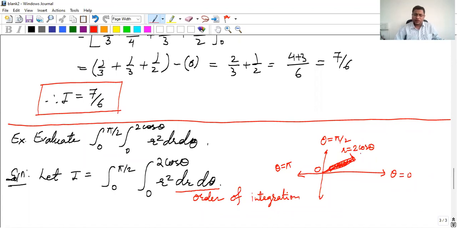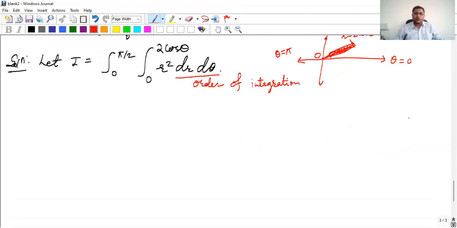Actually, what is this 2 cos theta? If you consider the relation between the Cartesian coordinates and the polar coordinates, x is r cos theta, y is r sin theta, and we have r is equal to 2 cos theta.